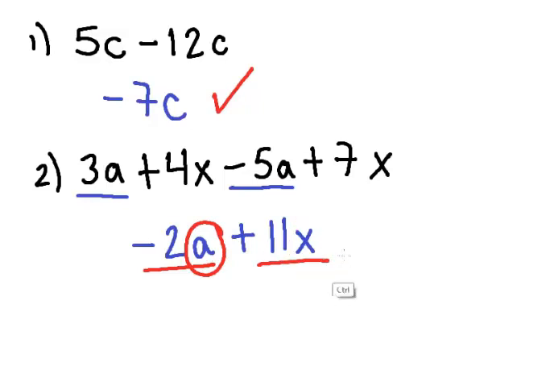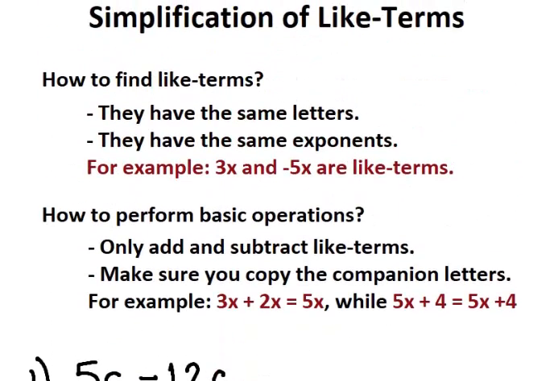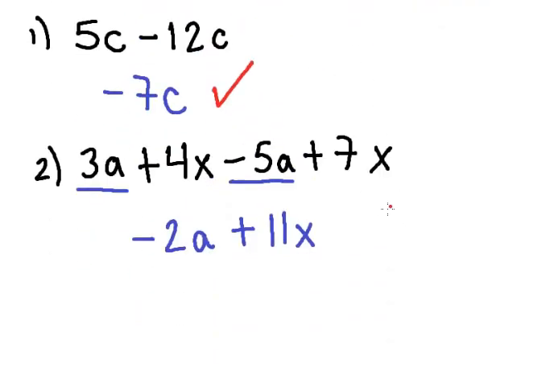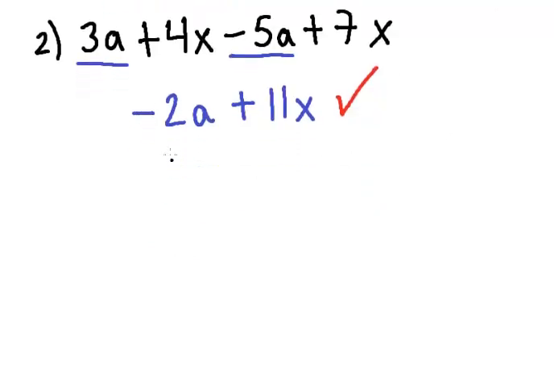They are different, so I cannot add them. It's impossible for me to add those things. If you remember on the last example, if we have operations with things that are not like terms, we just copy them and that's it. That's the final answer. So because they have different letters, I'm going to leave it like that, and that will be the answer for that particular exercise.